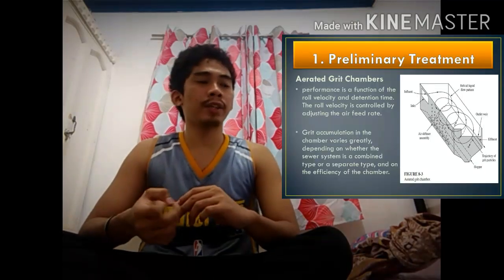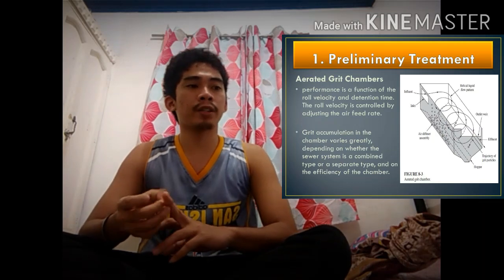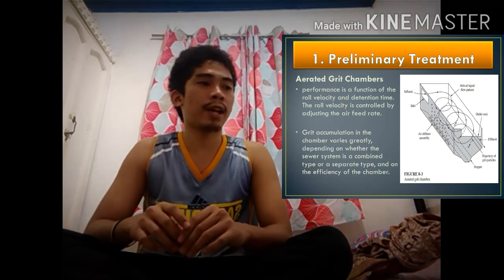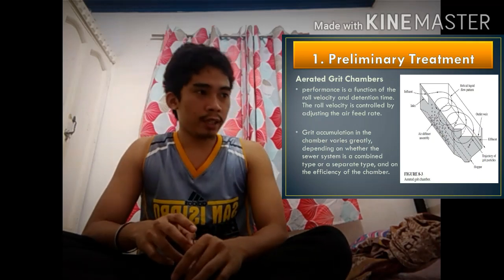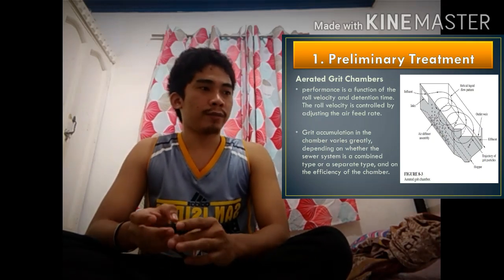In an aerated grit chamber, performance is a function of the roll velocity and detention time. The roll velocity is controlled by adjusting the air feed rate. Grit accumulation in the chamber varies greatly, depending on whether the sewer system is a combined type or a separate type and on the efficiency of the chamber. As you can see in the slide, it has a picture of an aerated grit chamber.